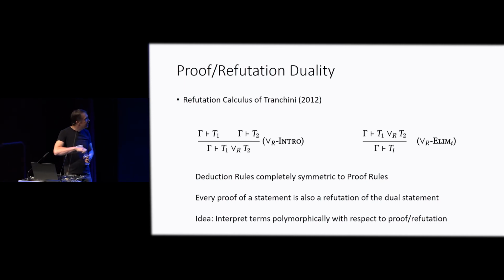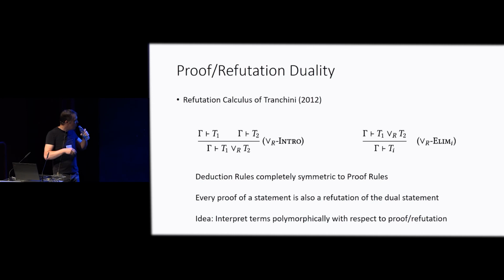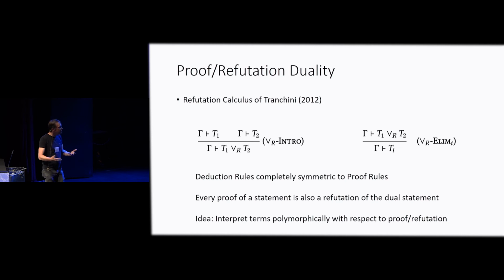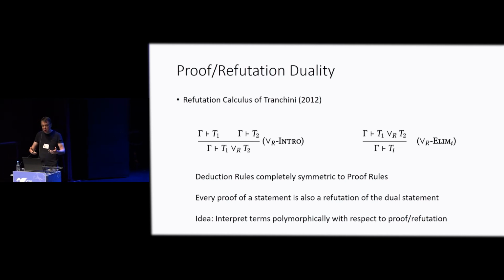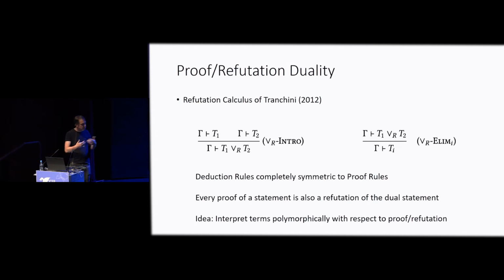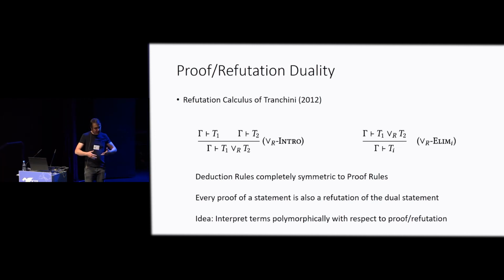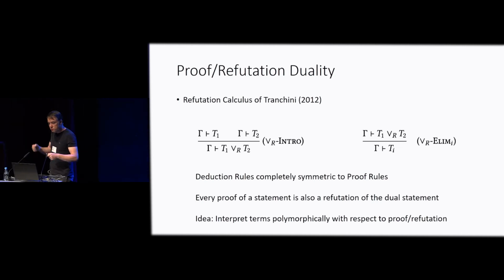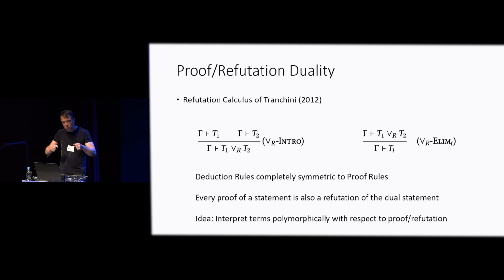So this gave us the idea that we could have a kind of polymorphism where we interpret every proof of a proposition also as a refutation of the dual proposition. And that means that we get the ability to interpret terms polymorphically with respect to proof or refutation, or equivalently producer or consumer.